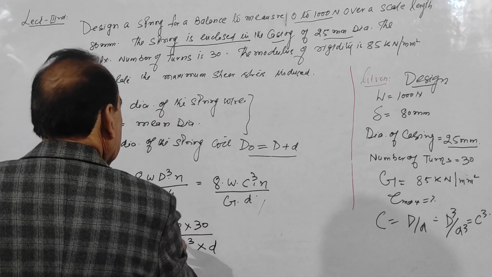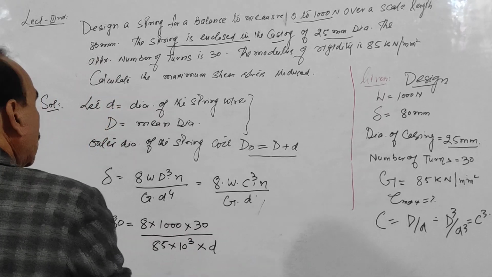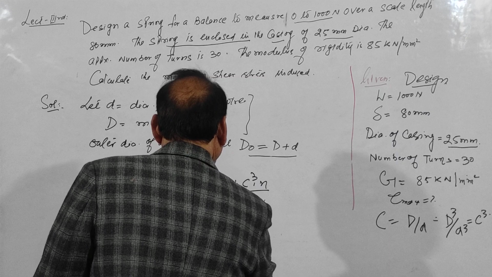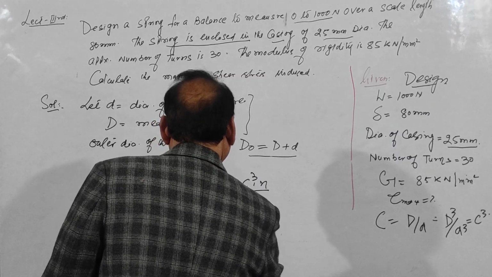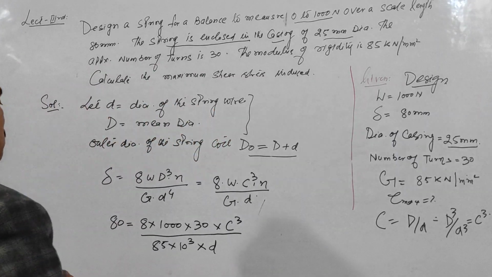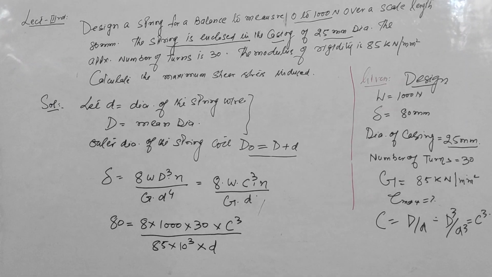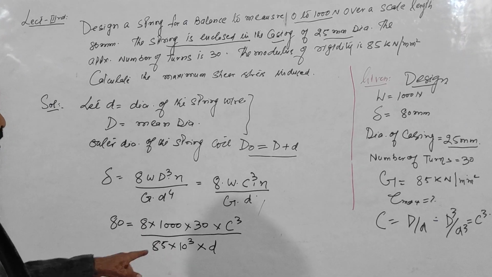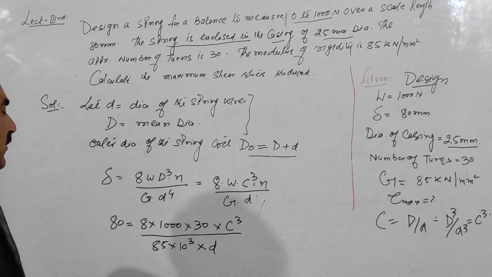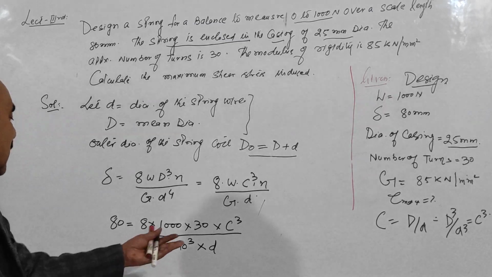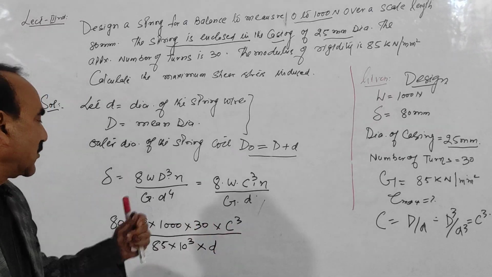अब C cube की तो नहीं है, so this is your C cube, 85. So from here C cube upon d, right? C cube upon d ये हम कैलकुलेट कर लेते हैं क्योंकि ना ही हमारे पास C cube है ना हमारे पास d है.